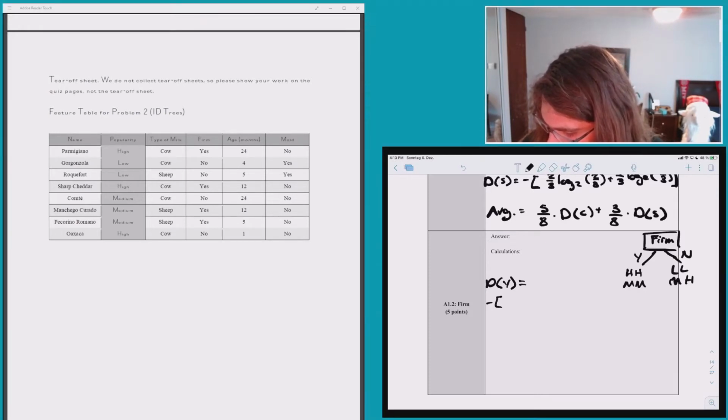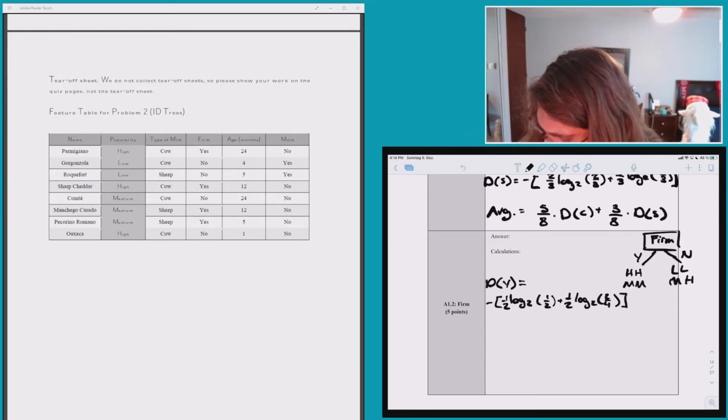It's negative 1/2 log base 2 of 1/2 plus 1/2, or 2/4, I should say more precisely, log base 2 of 2/4, as in 2 high, 4 total points, 2 medium, 4 total points.